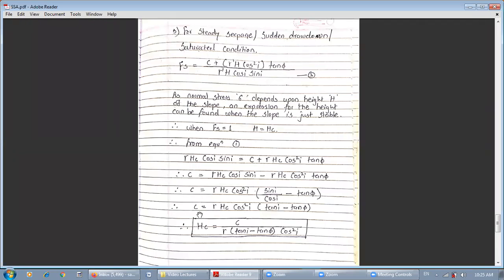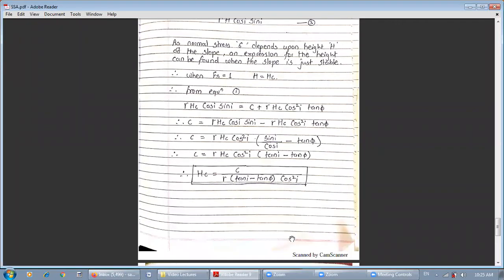So we got the equation c is equal to gamma hc cos square I in bracket tan I minus tan phi, where hc is equal to c divided by gamma in bracket tan I minus tan phi into cos square I. So this is the equation for critical height in c-phi soil of infinite slope.